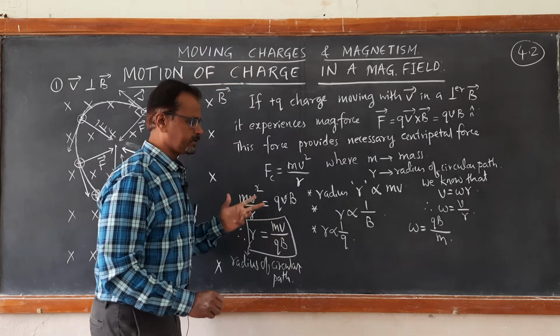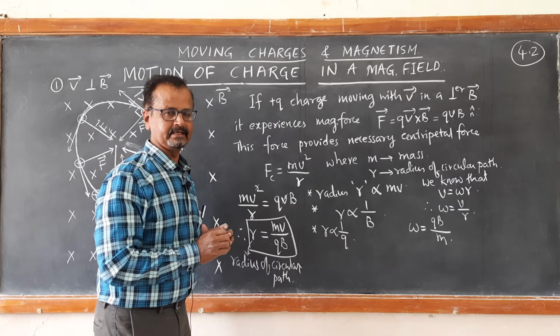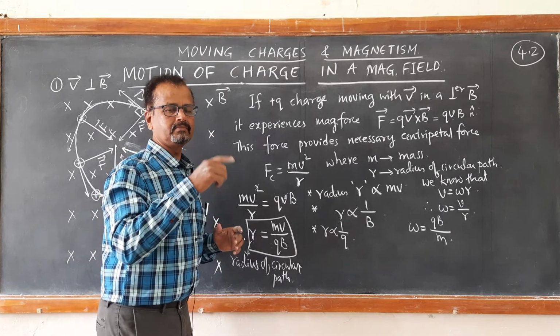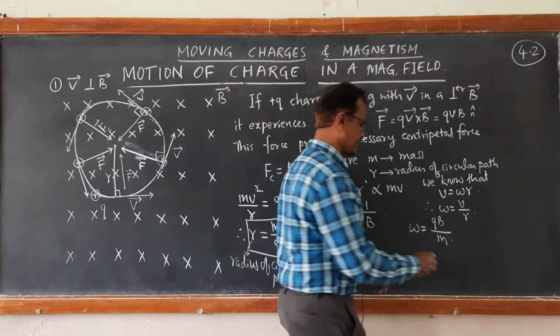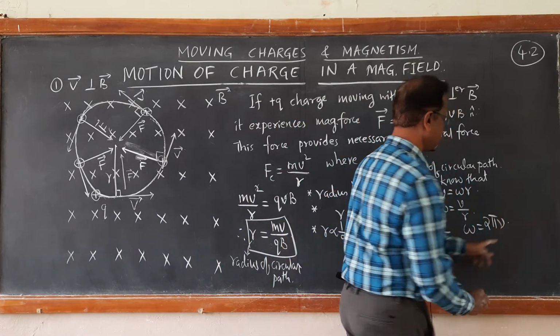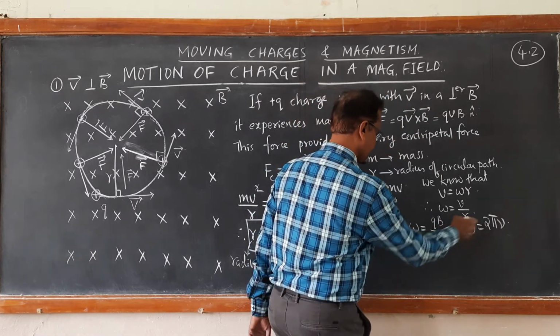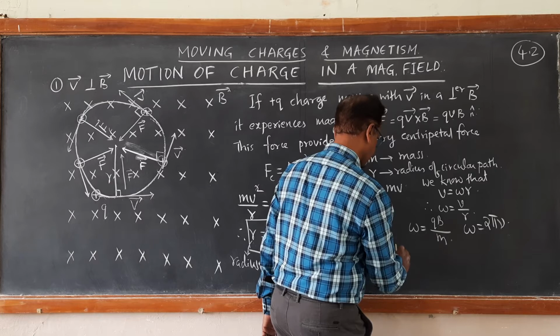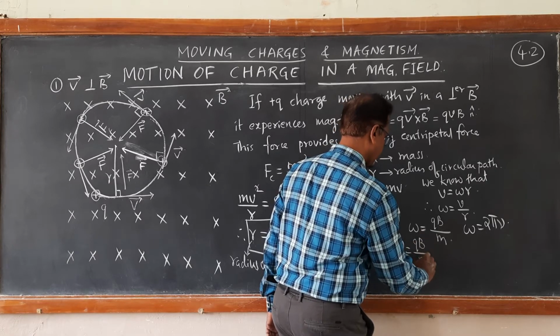More than the angular frequency, we are interested in frequency, the number of revolutions per second, or number of cycles per second. We know another equation for omega. Omega is also equal to 2 pi nu, where nu is the linear frequency and omega is the angular frequency. Therefore, 2 pi nu is equal to qB upon m.